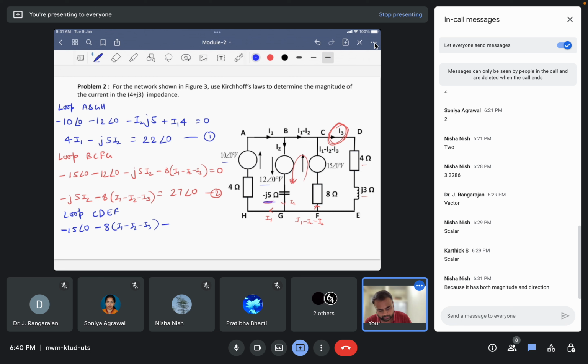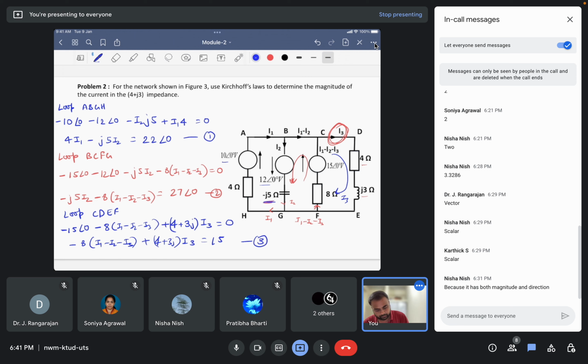These are in series, so we add them, 4 plus 3J multiplied by the current I3 is equal to 0. So this will become minus 8 (I1 minus I2 minus I3) plus (4 plus 3J) multiplied by I3 is equal to 15. This is our equation 3.